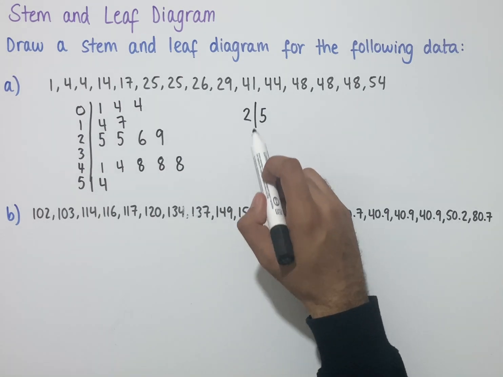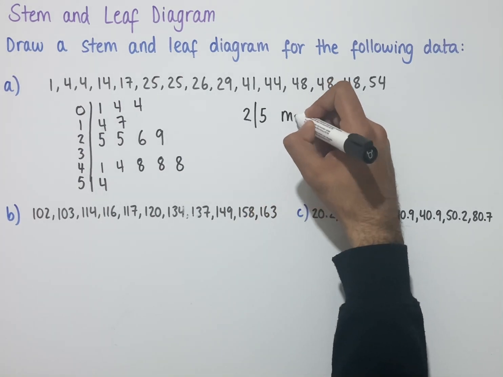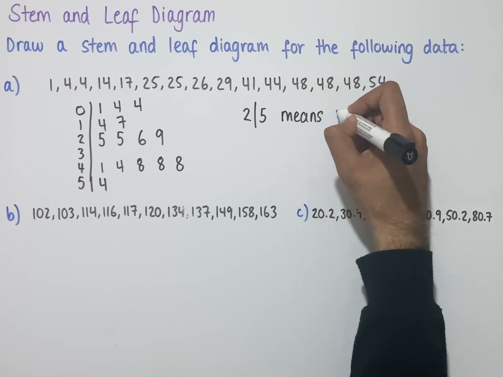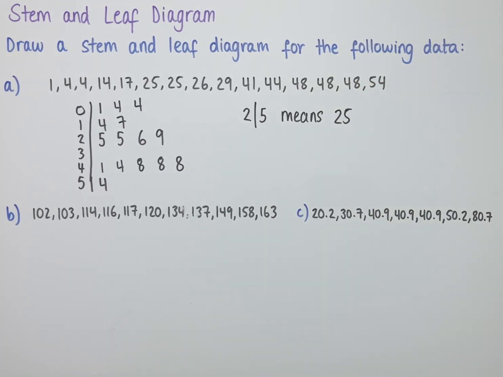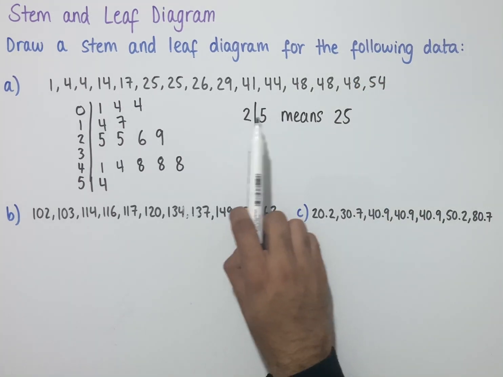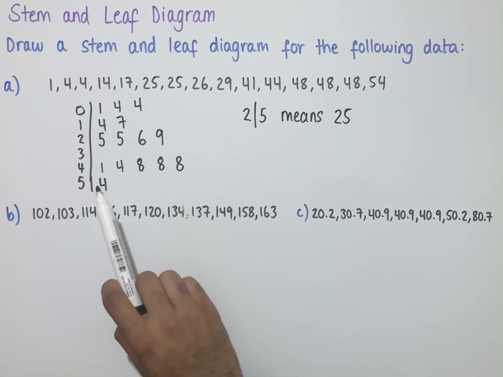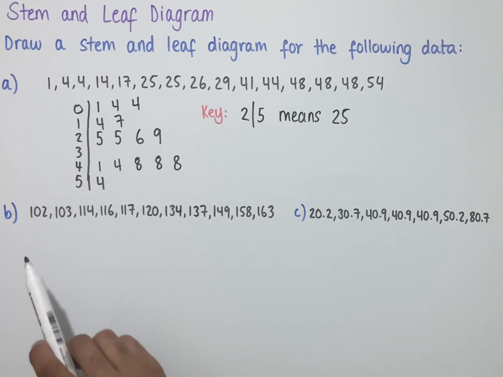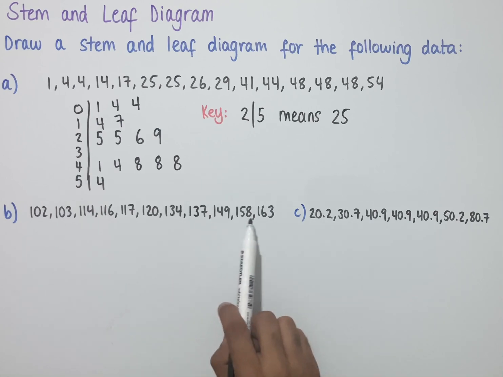So 2, line, 5 means 25. We only require one number, since once we have written this, all other numbers can be read using this key.